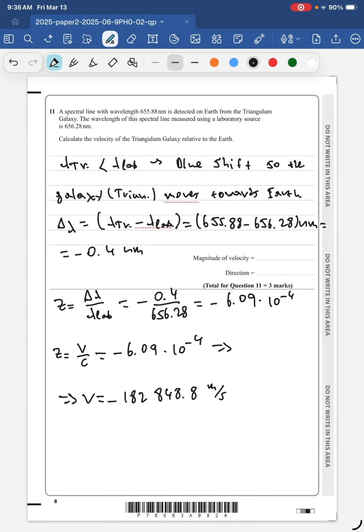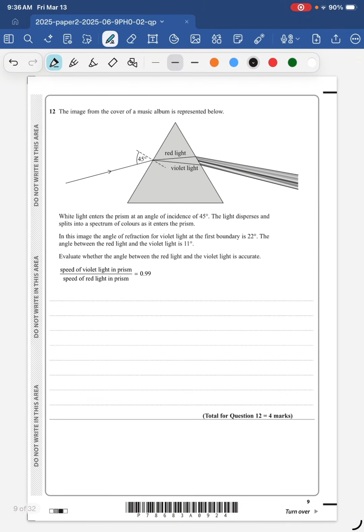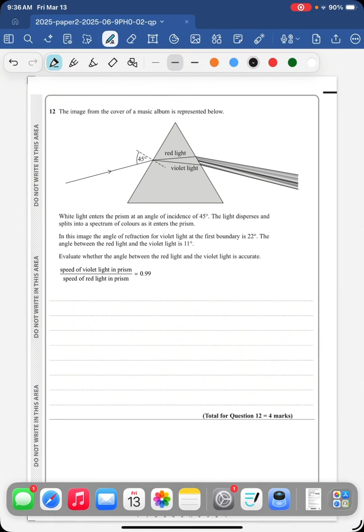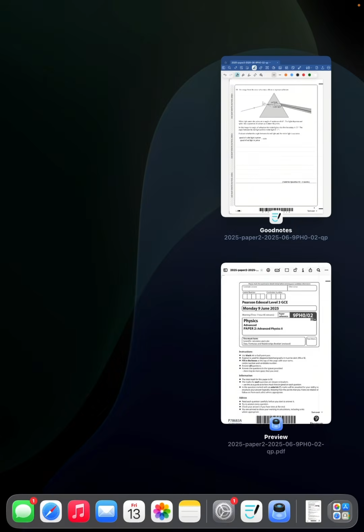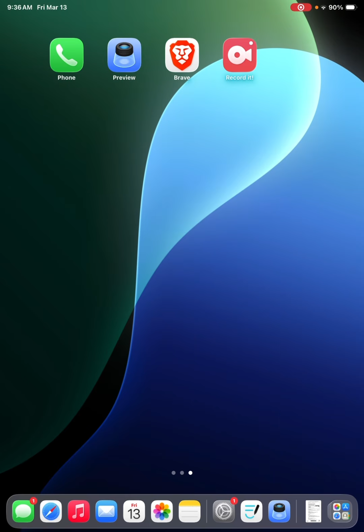Okay, 12, this was a very funny question. The image from the cover of a music album is represented below, and I think the album they are referring to is, let me find it. Sorry for this detour. So it's Led Zeppelin.